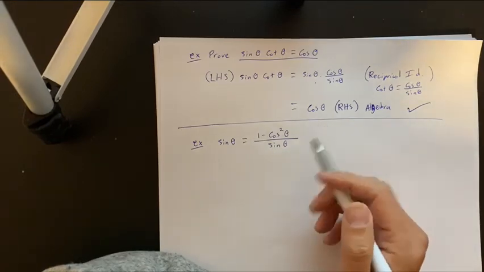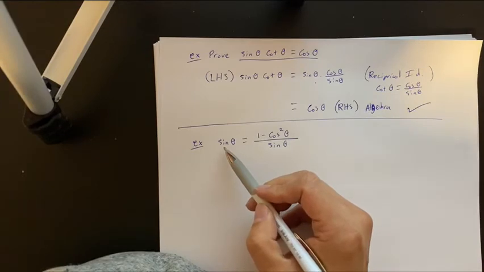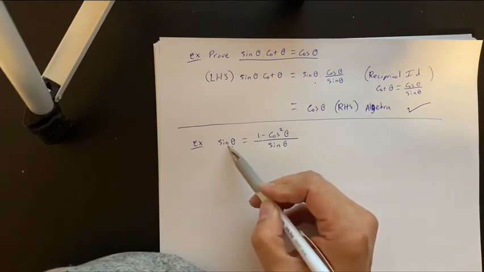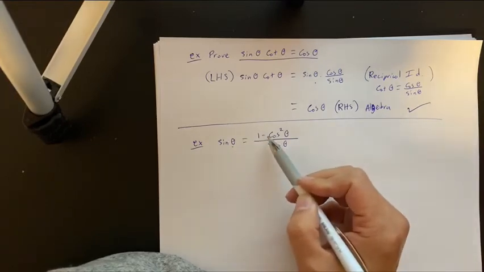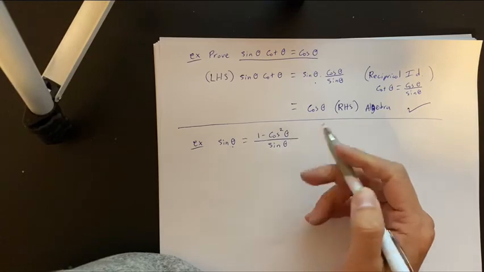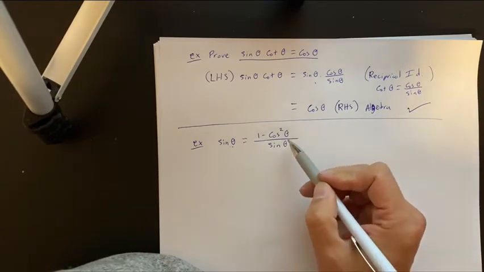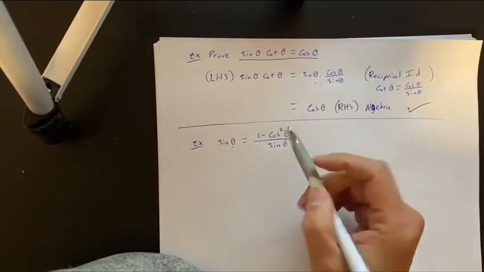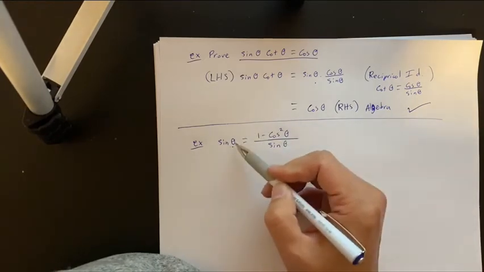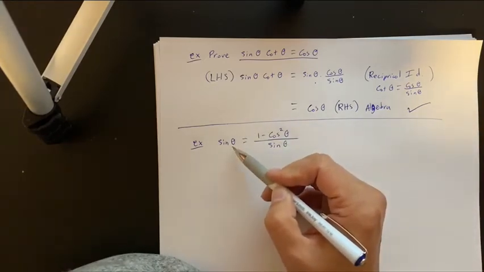If I begin on the left side, you'll see that somehow from this one single sine, I have to build this up to get 1 minus cosine square theta over sine theta. That's not an easy task. It's a lot easier to start with something that is a mess and clean it up and get something that looks a little bit more simplified.